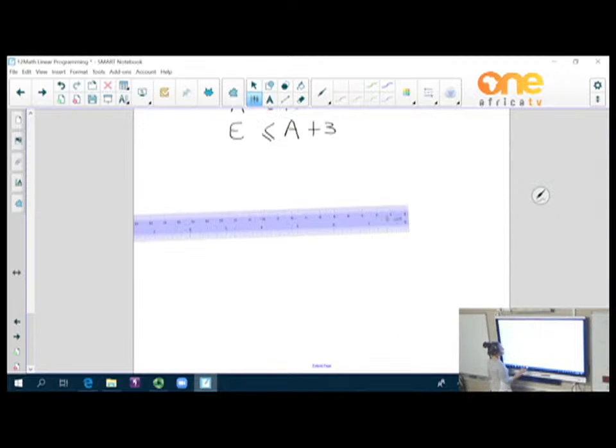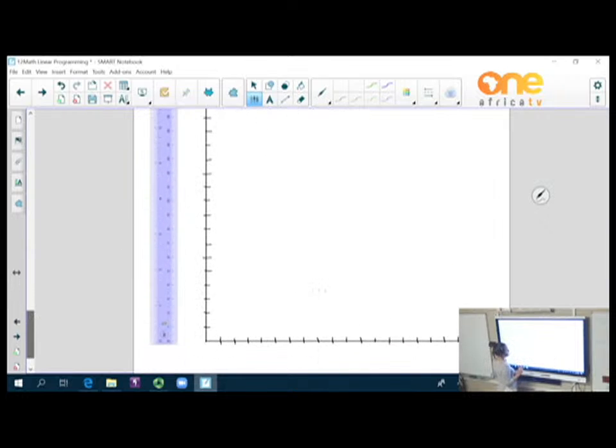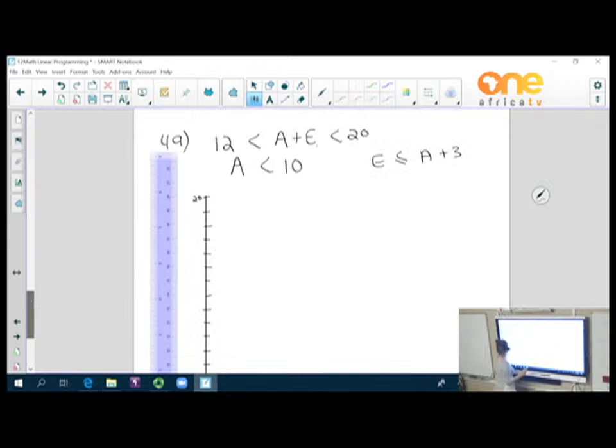So I am just quickly going to draw my axis. So there is about my axis. This will end at 20. Obviously, it will start at 0, and that will also end at 20. I am just going to move this inequality so that we have a little bit of space here. England is less than or equal to Argentina plus 3.